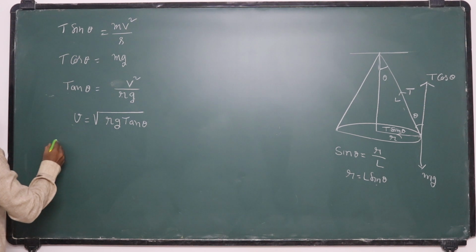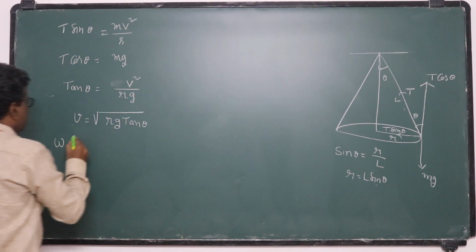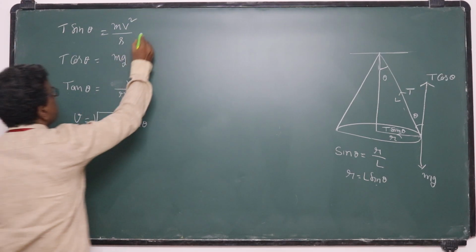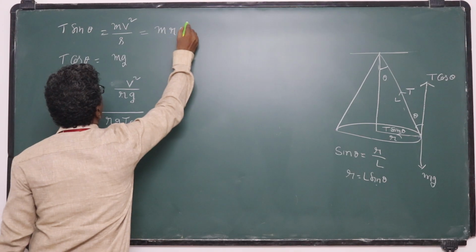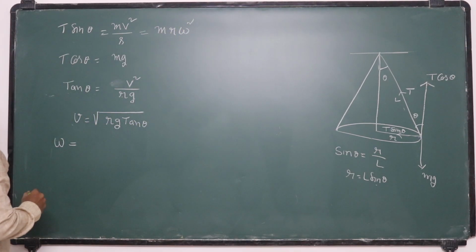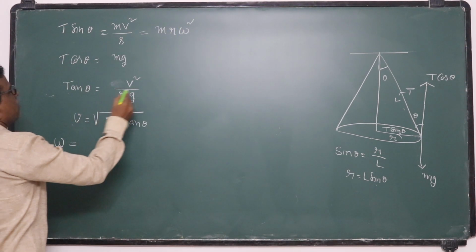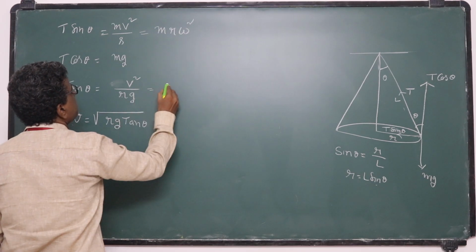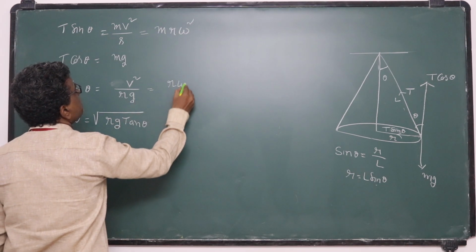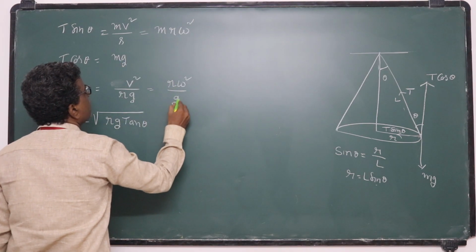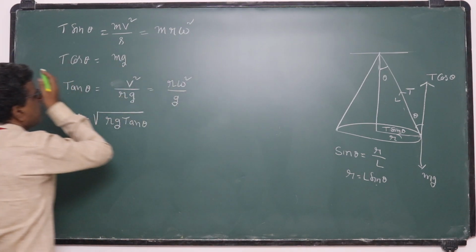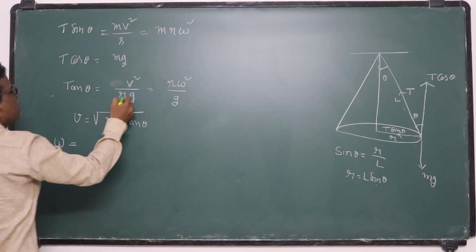Suppose you want angular velocity. You have to equate this. mv square by r can also be written as mr omega square. If you write mr omega square, what will you get? m gets cancelled, we will get r omega square by g. If you write mv square by r, you will get this.